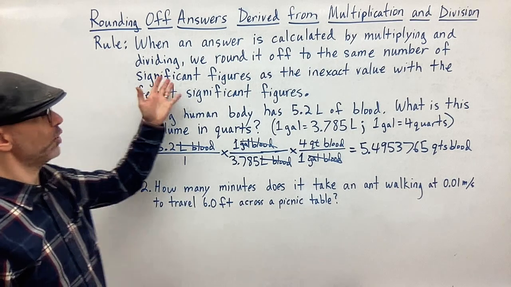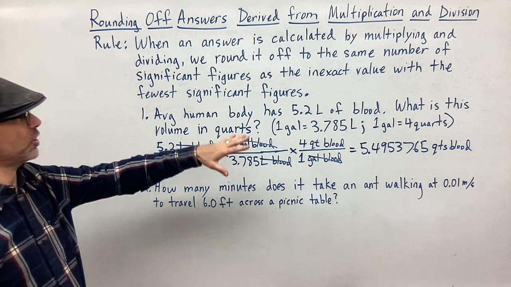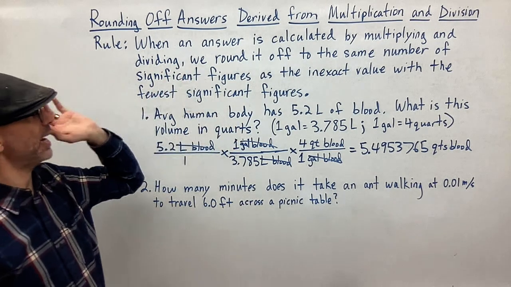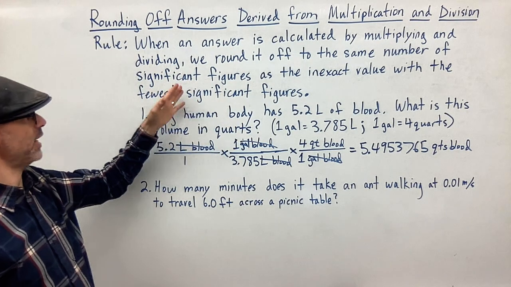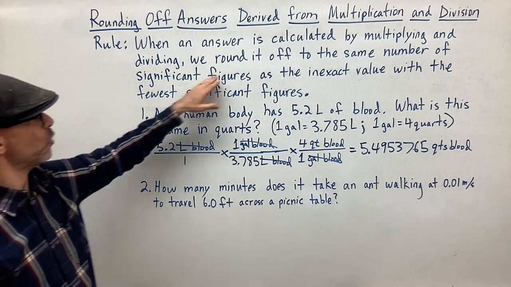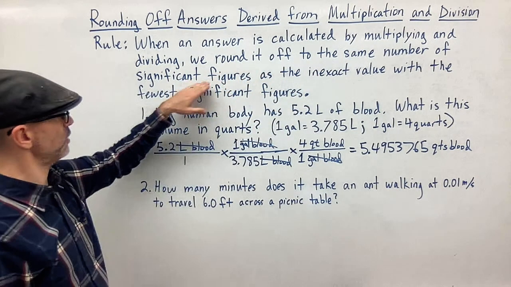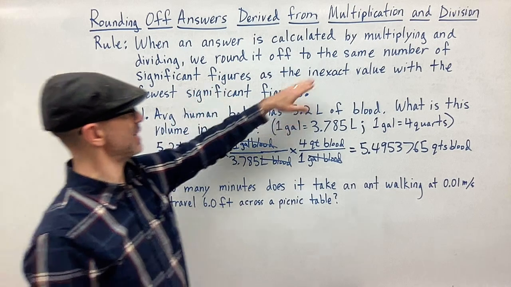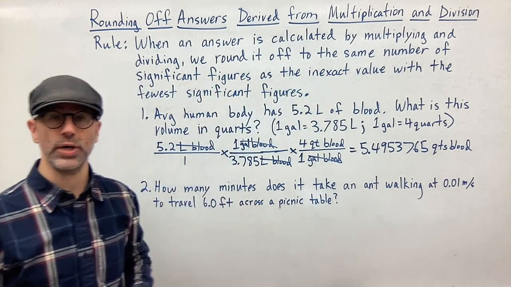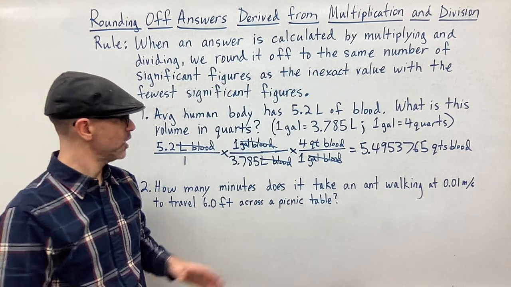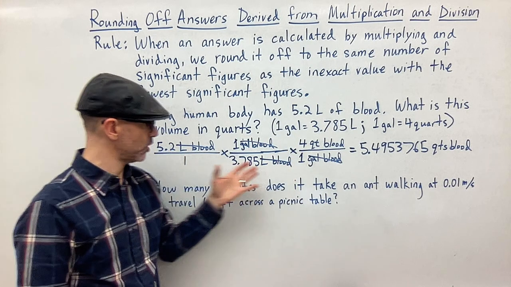So again, according to the rule, if the answer is calculated by multiplying and dividing, we need to round it off to the same number of significant figures as the inexact value with the fewest significant figures. So we have to look at our values that we're using here.